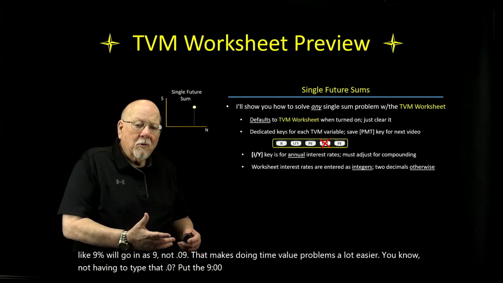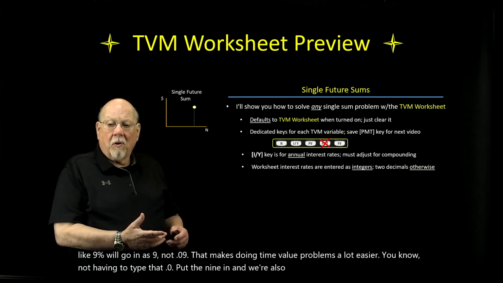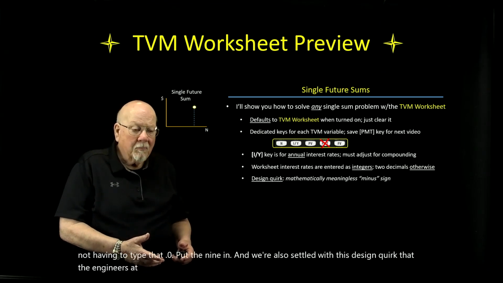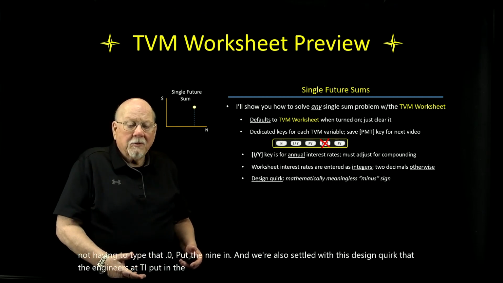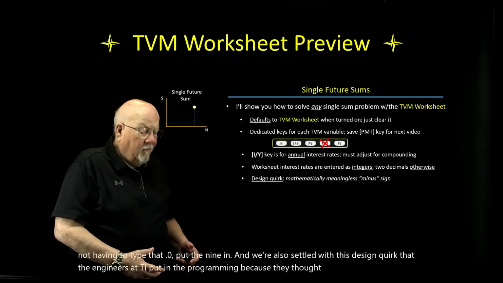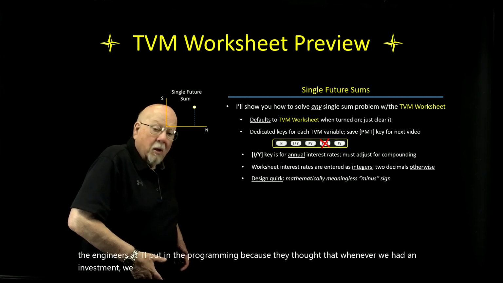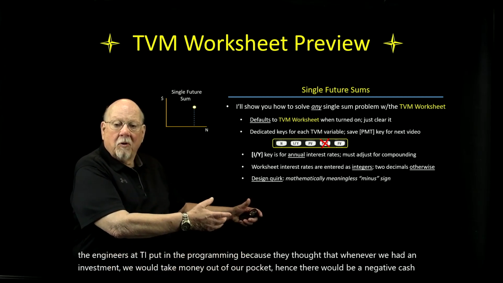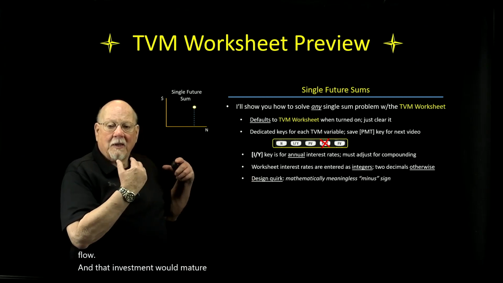And we're also saddled with this design quirk that the engineers at TI put in the programming, because they thought that whenever we had an investment, we would take money out of our pocket, hence there would be a negative cash flow. And that investment would mature and come back as a positive cash flow.